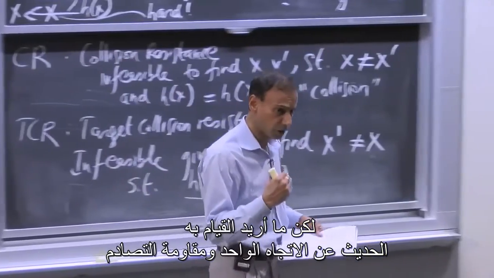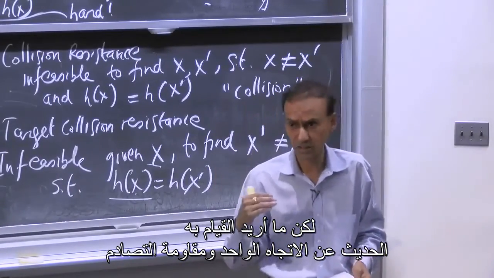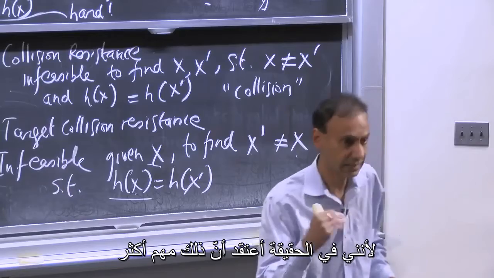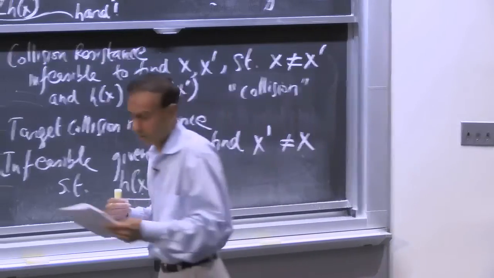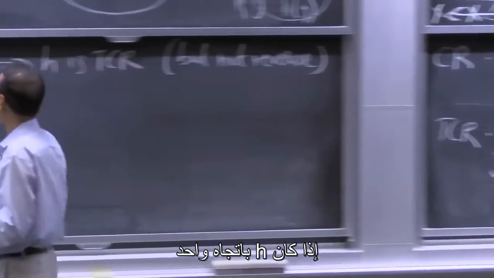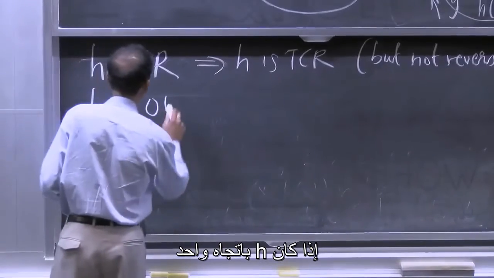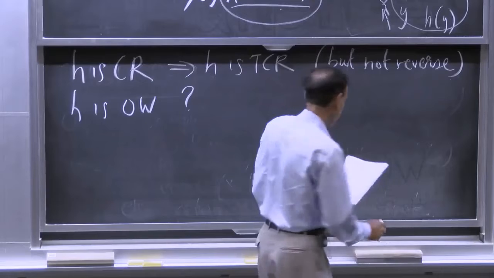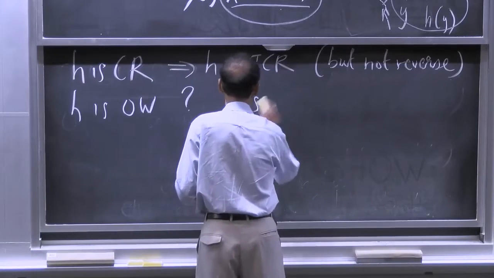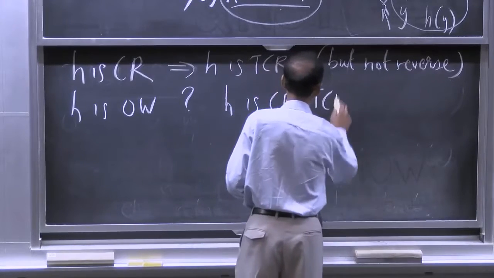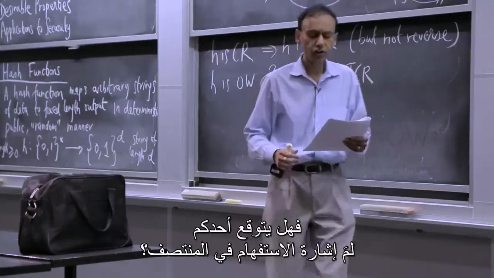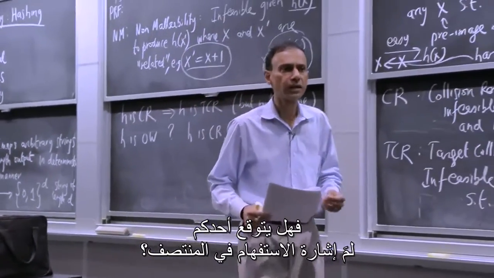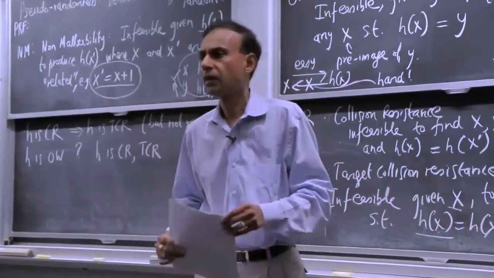But what I do want to do is talk about one-wayness and collision resistance, because I think that's much more interesting, right? So if H is one way, any conjectures as to what the question mark is in the middle?